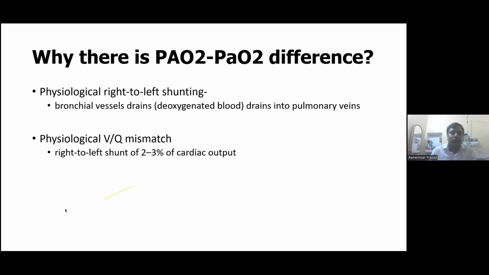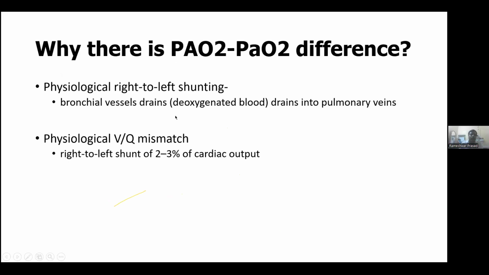There are two factors. One is right to left shunt, because some of the bronchial arteries originate from aorta directly and supply lung tissues with fresh oxygenated blood.